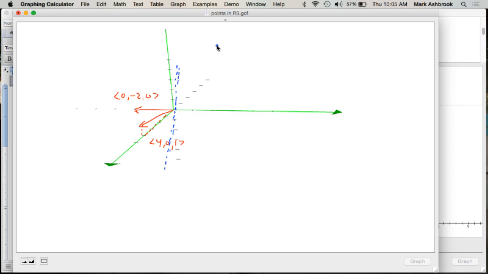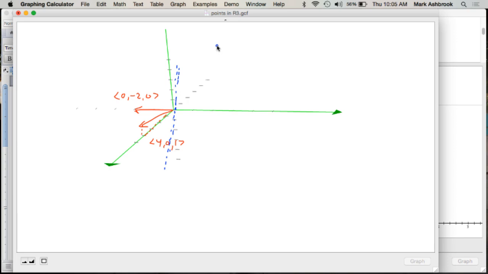The right-hand rule. Here's how the right-hand rule works. You take your fingers and you point them in the direction of the first vector in such a way that when you curl your fingers, you're curling your fingers towards the second vector. So if you notice, there are two ways that I could point my fingers in the direction of the first vector.